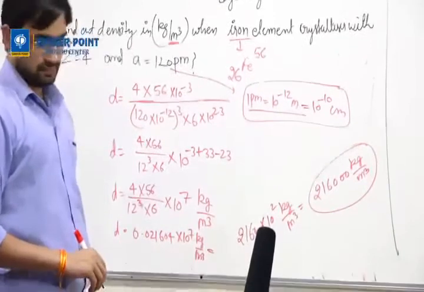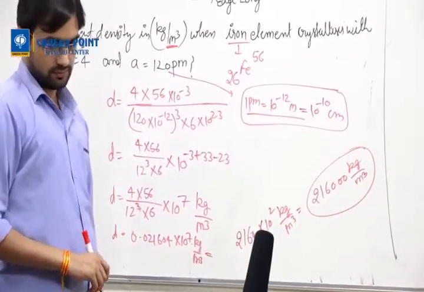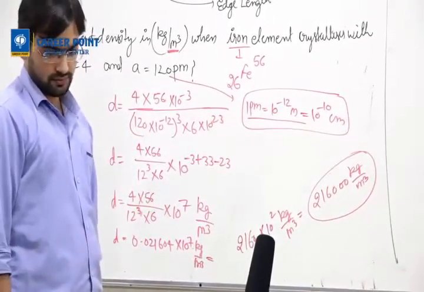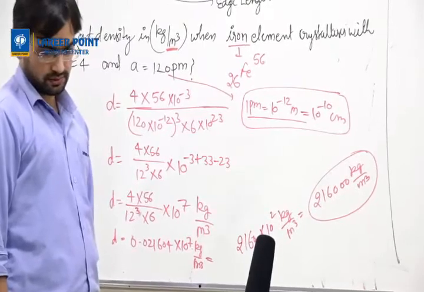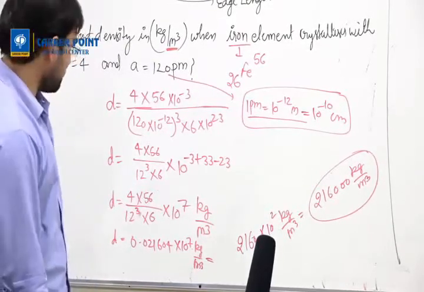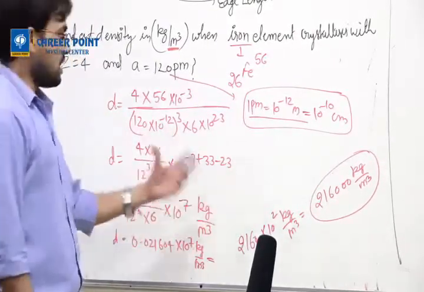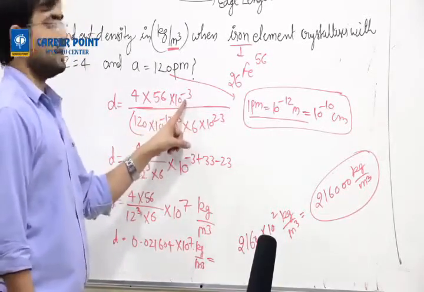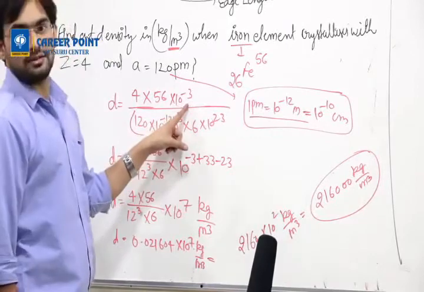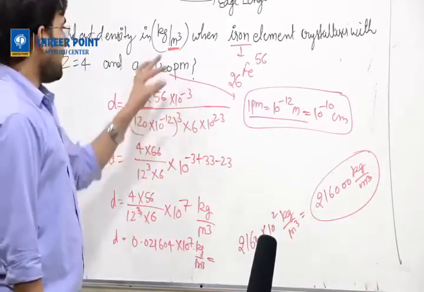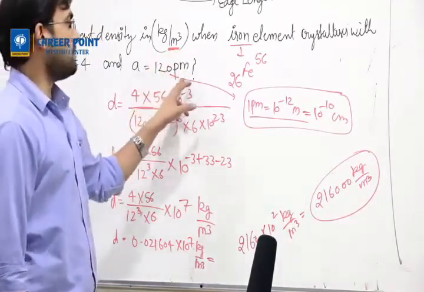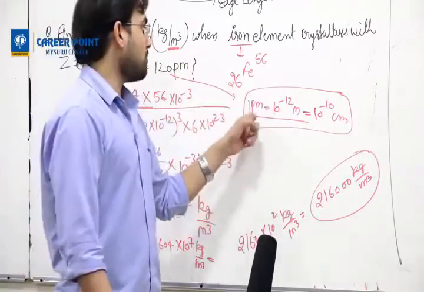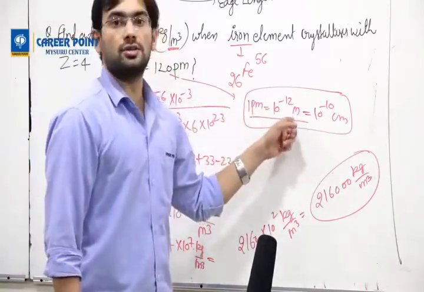Understand now? Not 10 power 11. Power is important. You see how I am doing the power. 56 gram per mole, so I have converted into kg, so 10 power minus 3. Then I need it in meter cube, so 120 picometer I am going to convert into meters. 1 picometer equals to 10 power minus 12 meter.